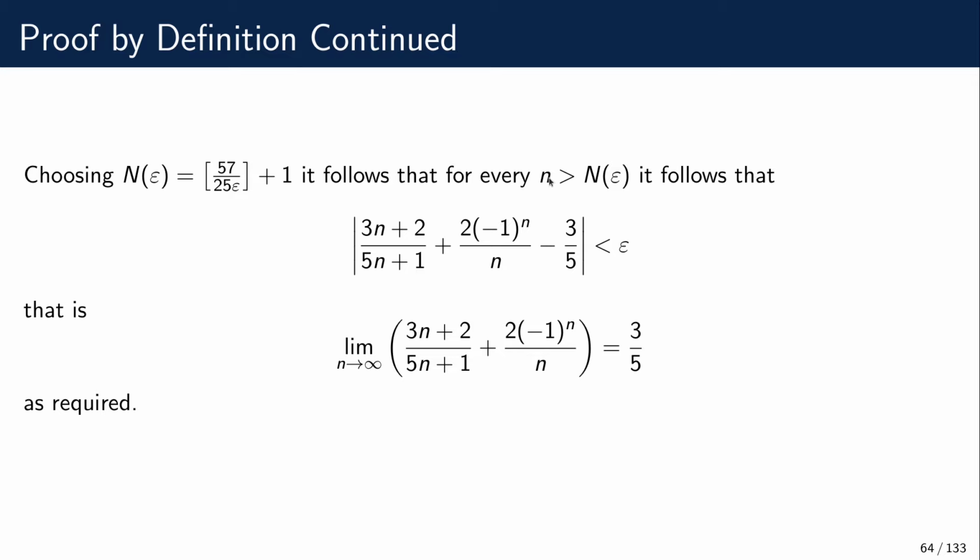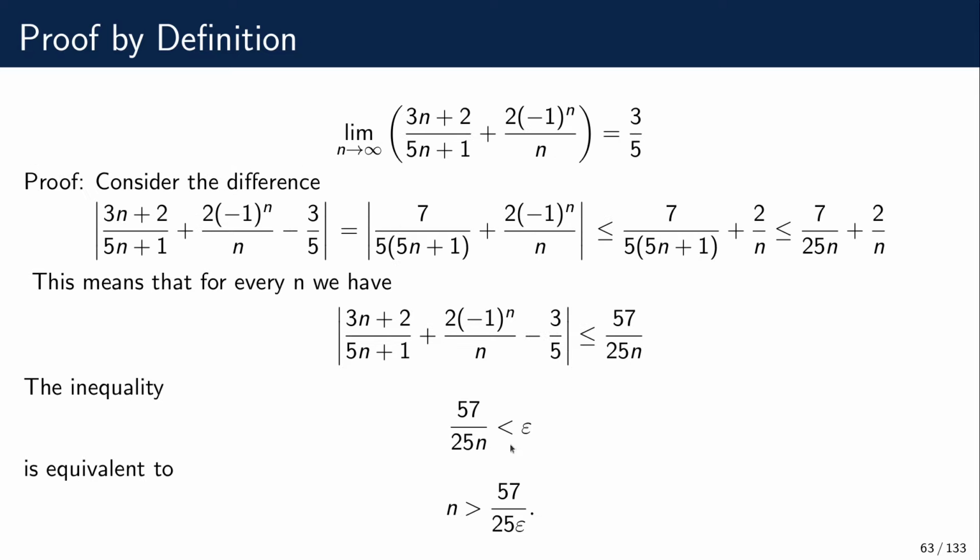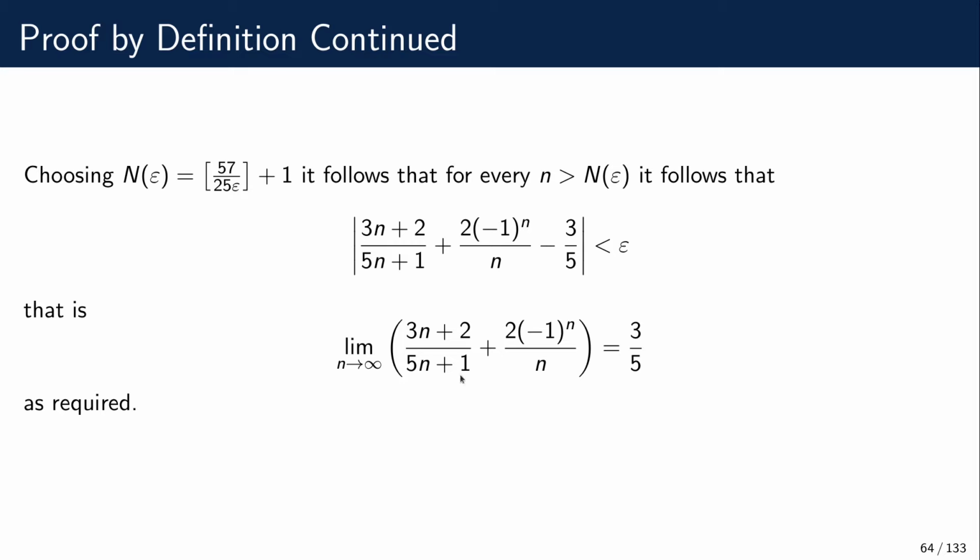So now for every n that is bigger than n of epsilon, this n is in particular bigger than 57 over 25 epsilon, which means that if n is bigger than this, it is equivalent to this being smaller than epsilon. But this expression is bigger or equal to this expression, which eventually means that this distance will be smaller than epsilon.